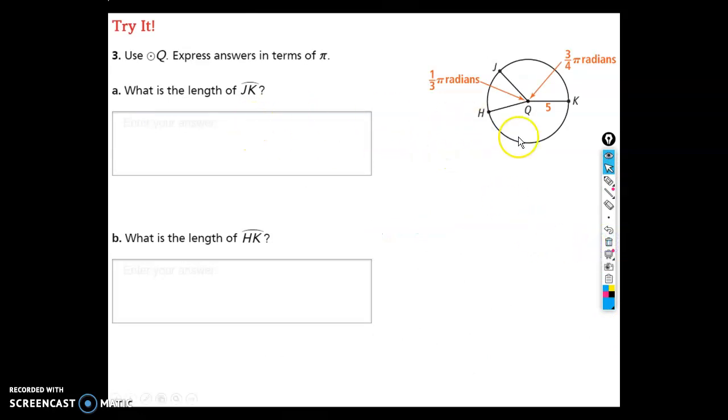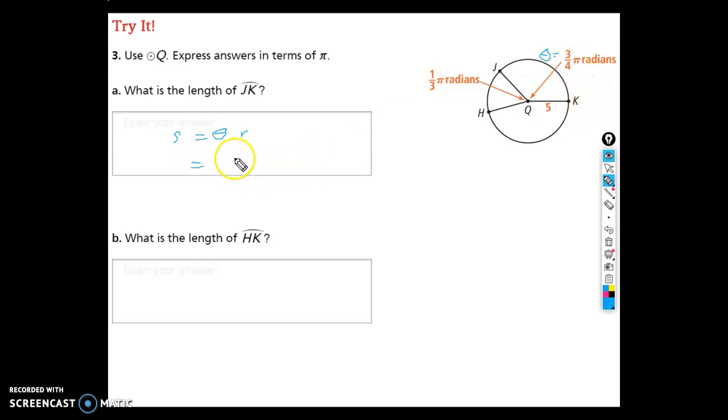All right, so what is the arc length of JK? Okay, so first, the angle that they're giving you, angle theta here, is 3/4 pi radians. All right, so for finding arc length, that would be S. Remember, it's theta times the radius, r.